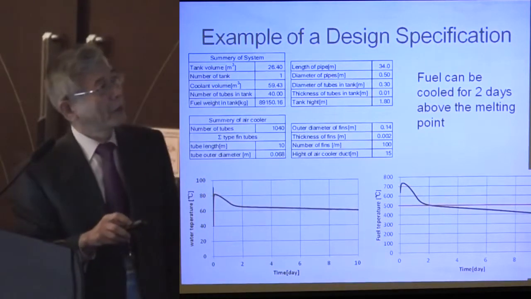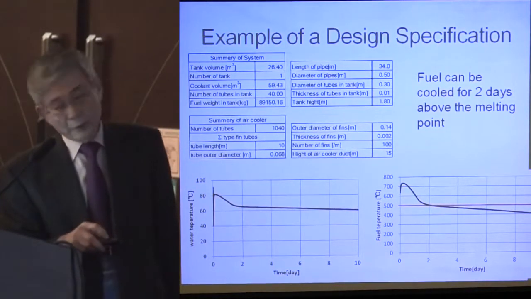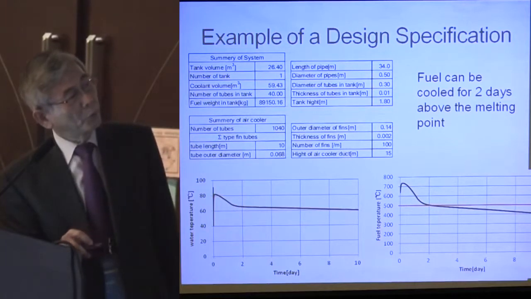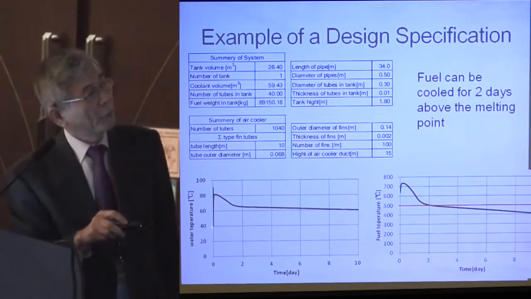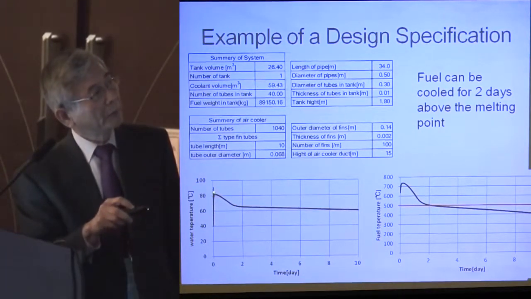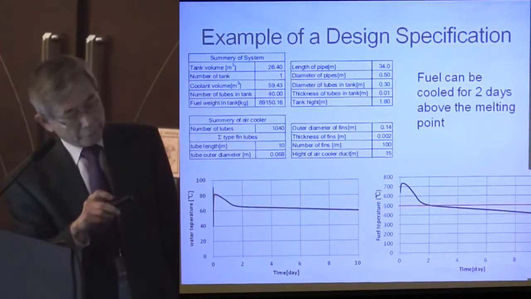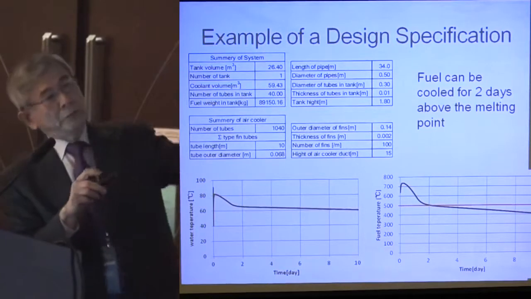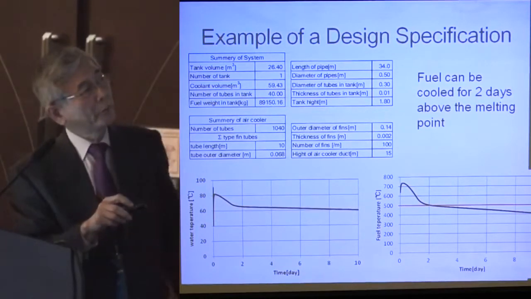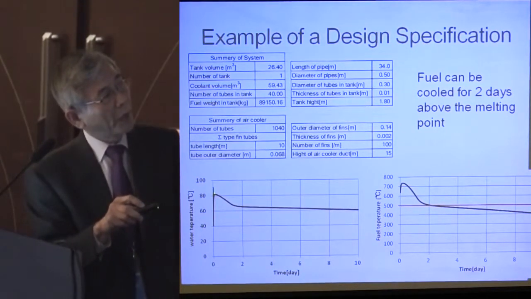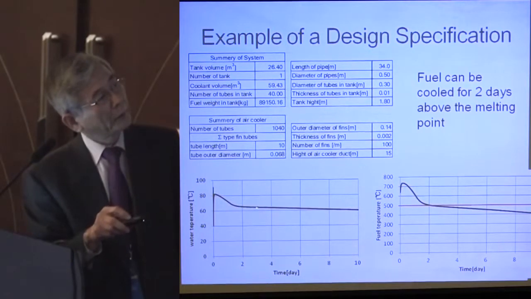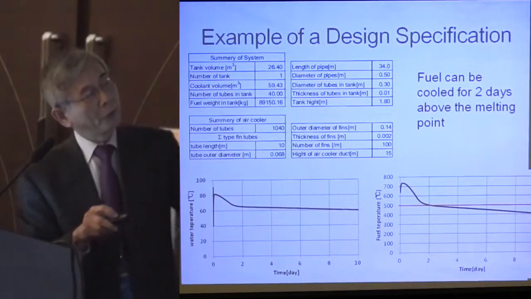And here is the transient of coolant temperature. First of all, the temperature goes up, up to say 90 degrees Celsius, and then the natural circulation begins, and the temperature goes down, and only goes down.